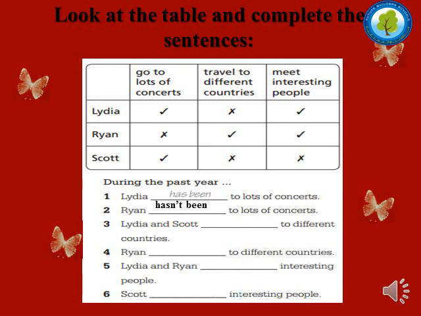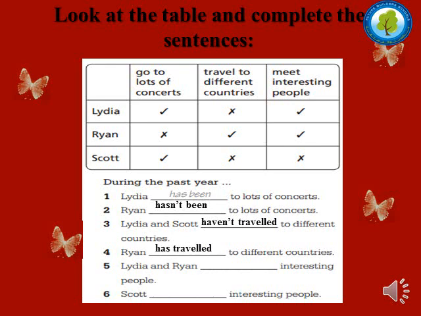Lydia and Scott. Go to see Lydia and Scott and to different countries. Travel to different countries. Both of them have X. So Lydia and Scott haven't traveled to different countries. Ryan to different countries. Ryan, he has a tick, so Ryan has traveled to different countries.